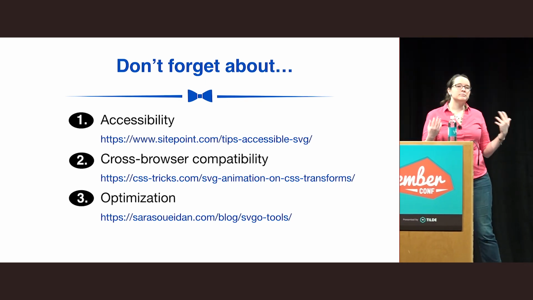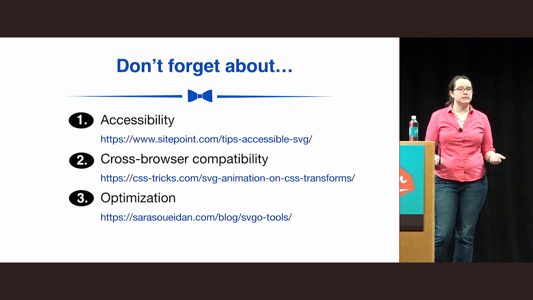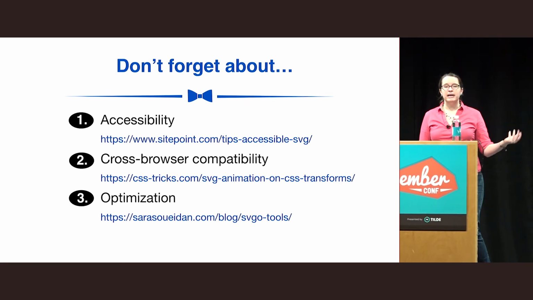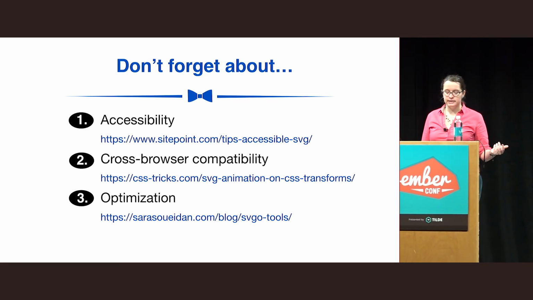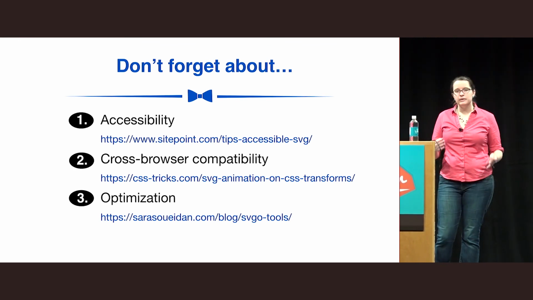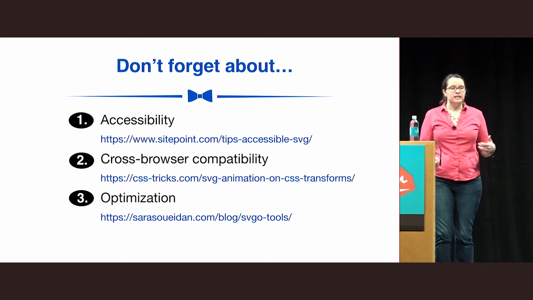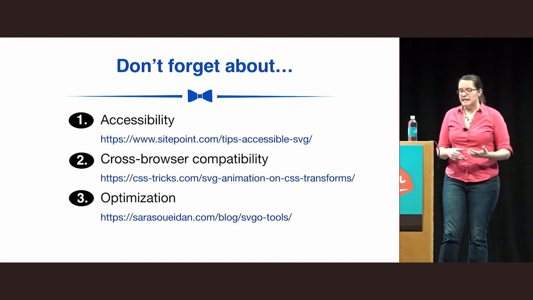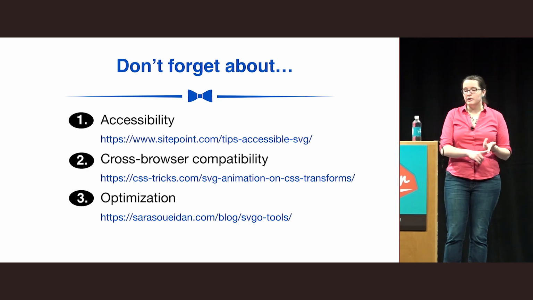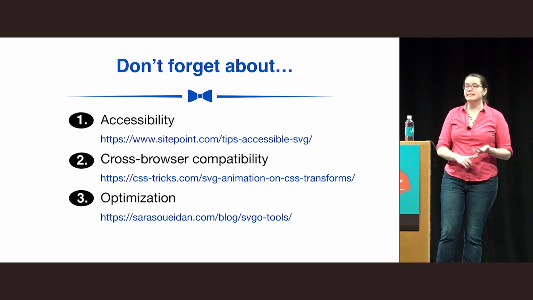And there are also some settings in each of those programs that will help to simplify the points and the paths that make up the shapes in your SVGs. It's also a good idea to do a little bit of benchmarking because there is a limit to how many DOM elements you should try to programmatically render, animate, and bind things to.